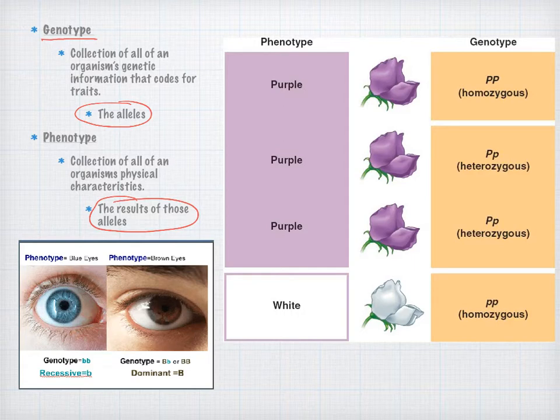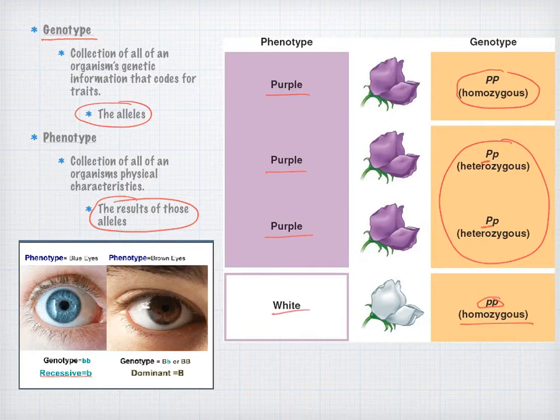Again, we have a genotype over here which is homozygous dominant, giving us the dominant flower color purple. Both of these are heterozygous, uppercase P, lowercase p, but they still both give the purple flower because that has the dominant allele. And this, lowercase p, is homozygous recessive, giving us a white flower, which does not show the trait of flower color.